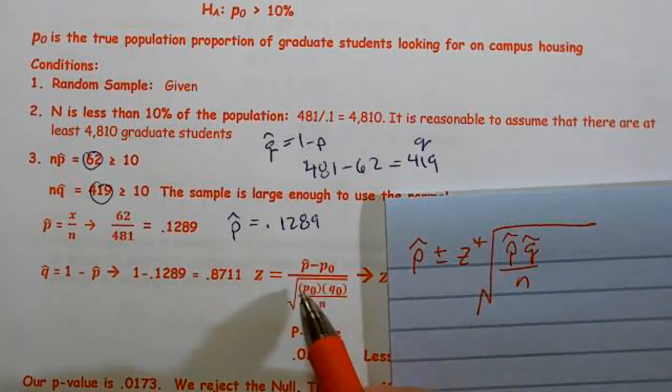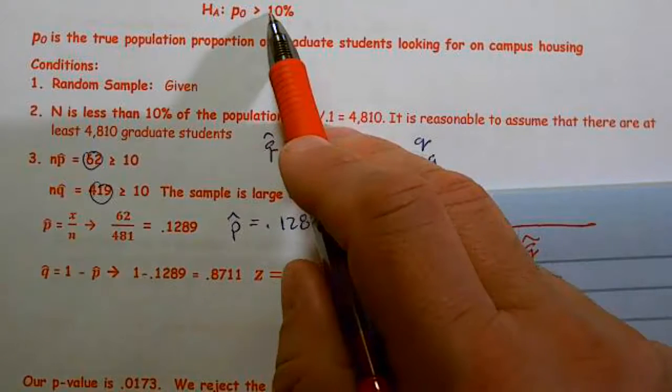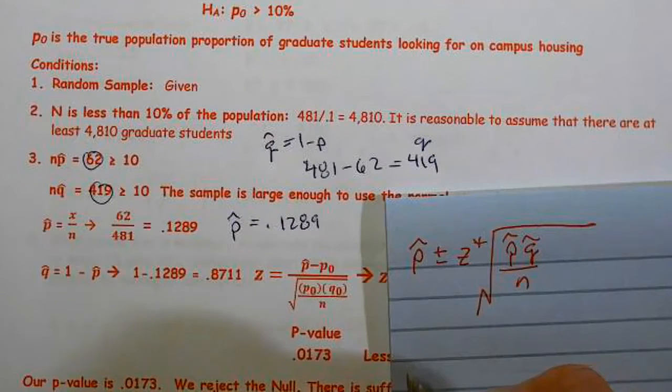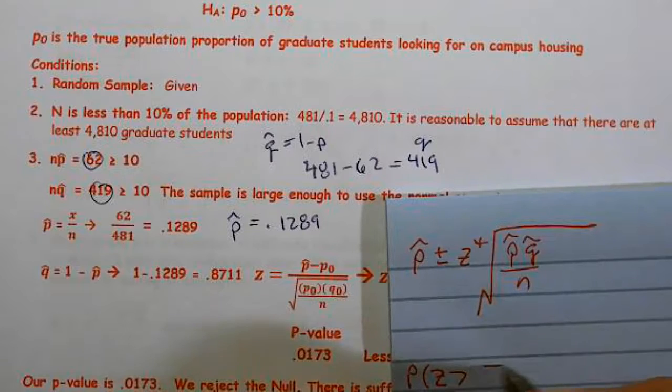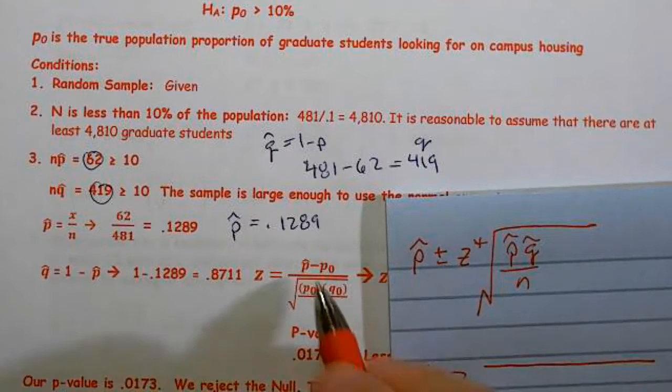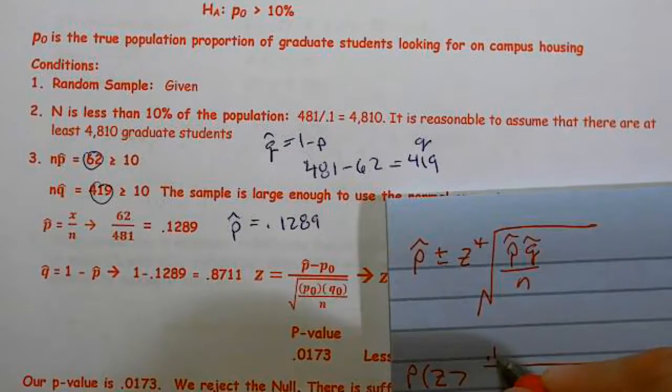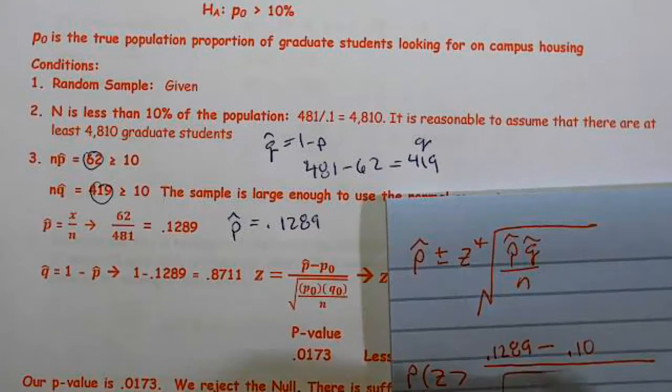So plugging into this formula, and remember this is a greater than, so we're going to have the probability that Z is greater than, we kind of have an ugly number for P hat, 0.1289 minus 0.10 over the square root of 0.10 times 0.90 over 481.